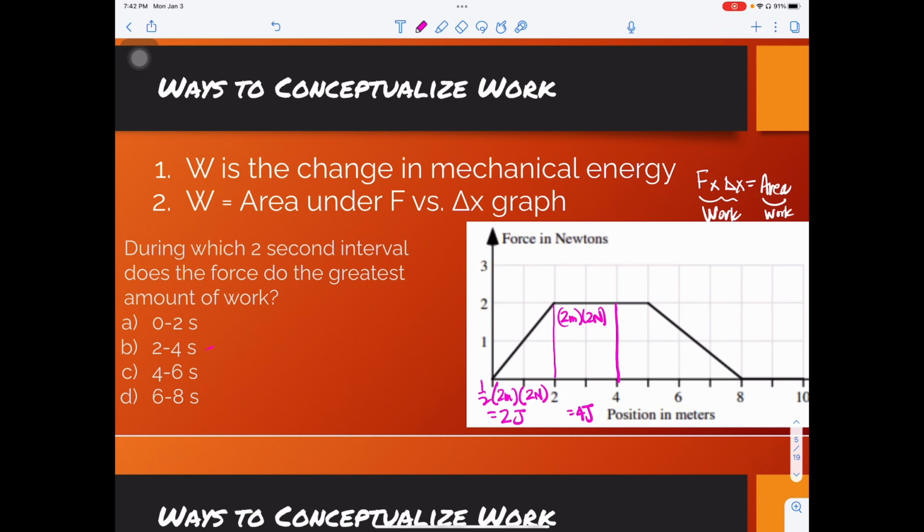I know you can look at these and just say which area is the smallest. 4 to 6 seconds, okay, that's a weird area because I don't know exactly where that is, but I can look at this and tell that the area is smaller than 2 to 4. And then same thing with 6 to 8, I can just look at the area and see that's smaller. And so the major thing I wanted to show you is how to calculate area. It's just base times height. If it's a triangle, then you do 1/2 base times height. So the answer is B, 2 to 4 seconds. It has the biggest area.